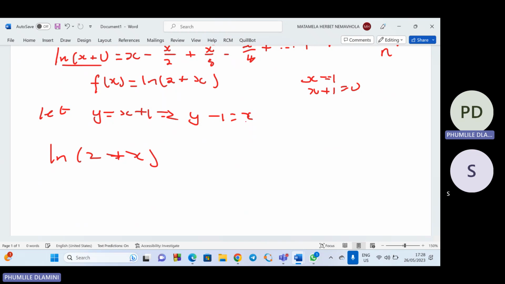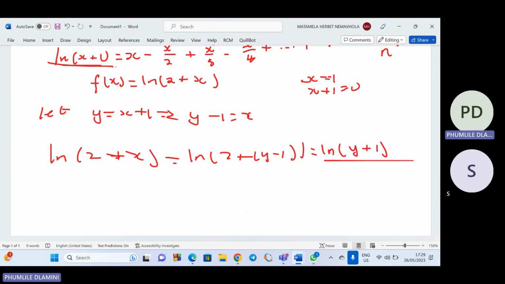Where there is x, we're going to write y minus 1. Then this equation becomes ln of 2 plus, in brackets, y minus 1. If we check now, you will see that we can write this as ln of 2 minus 1 plus y, which is ln of 1 plus y, and now it's in the same form as the standard one.